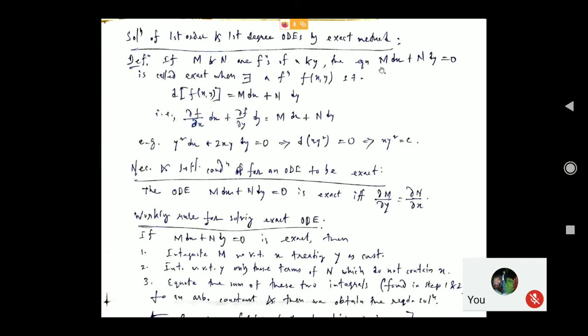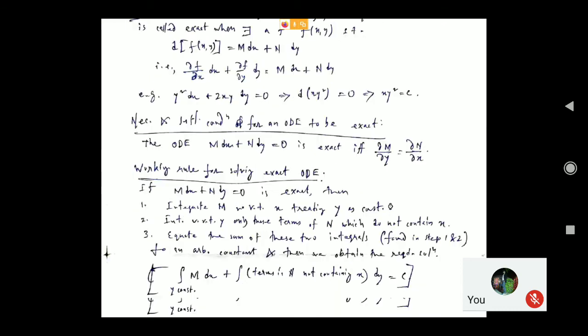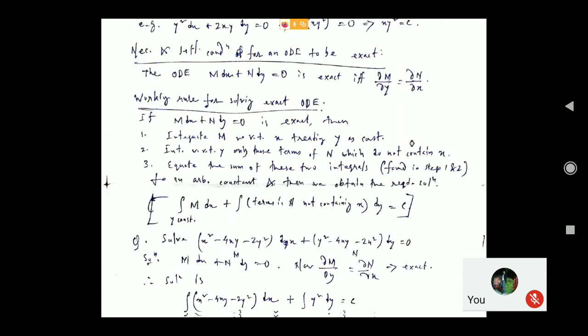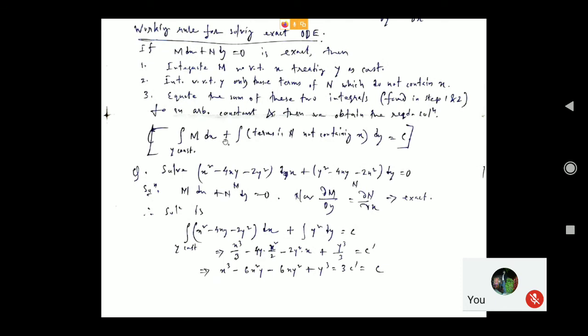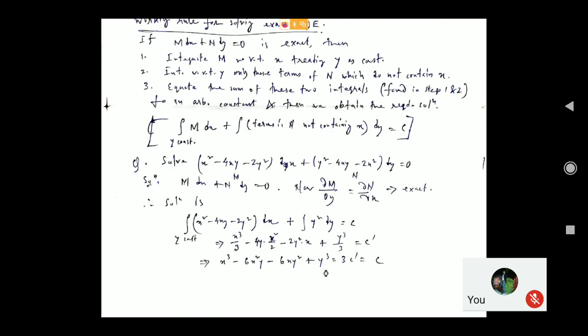If it is of this type, m dx plus n dy, first you will check whether it is exact or not. Check exactness. This is the necessary and sufficient condition. In this case, this condition is satisfied. Therefore, it is exact. Therefore, the solution can be written using this formula.